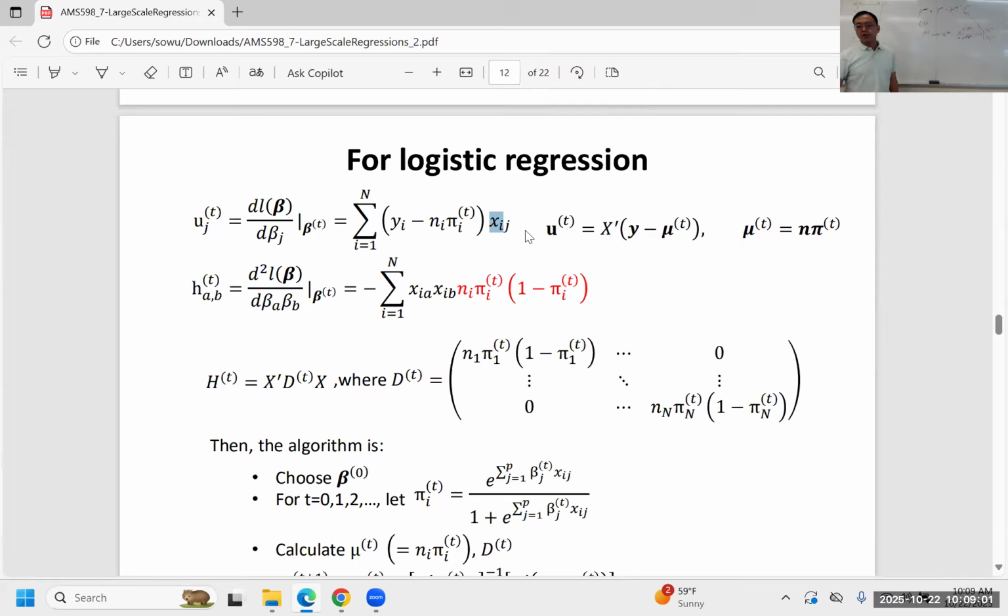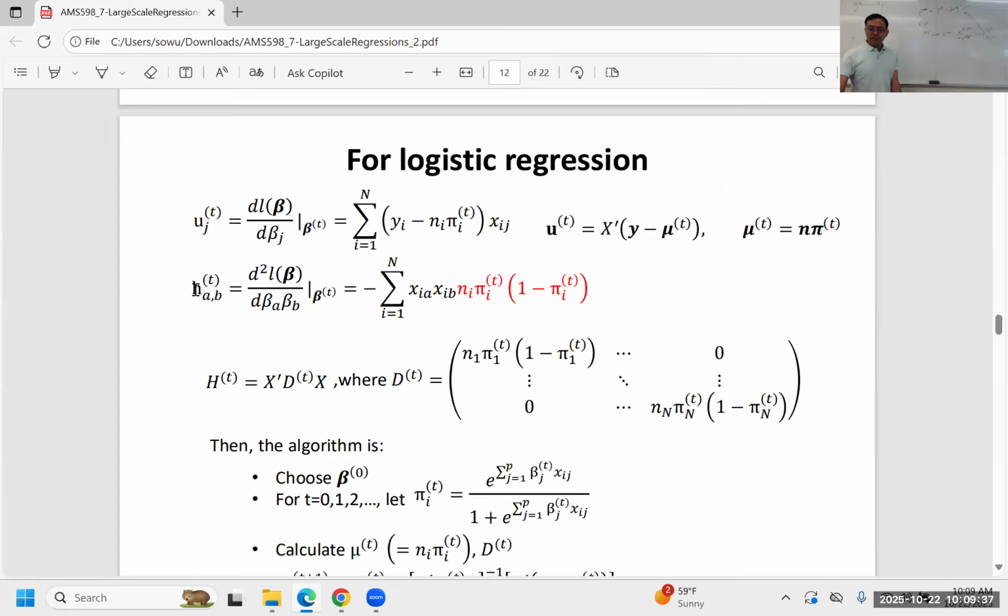You put everything together, and in matrix form the score vector can be written as X transpose (y minus mu^t). What is mu^t? Mu^t is equal to n times pi^t. If n is a vector of 1s, then mu^t is essentially pi^t. This is just in a more generic form, but you have everything here.